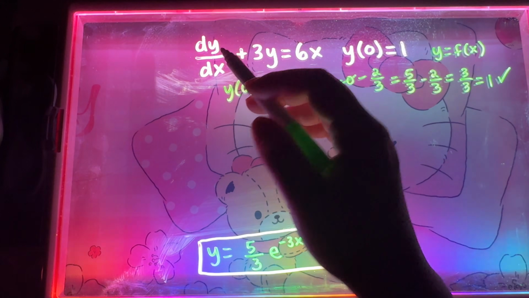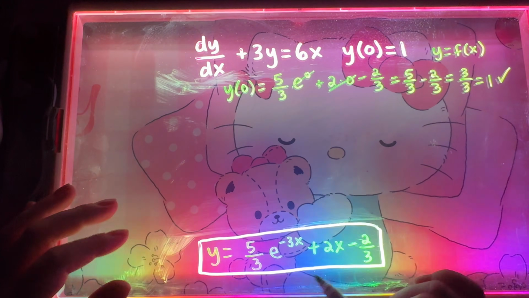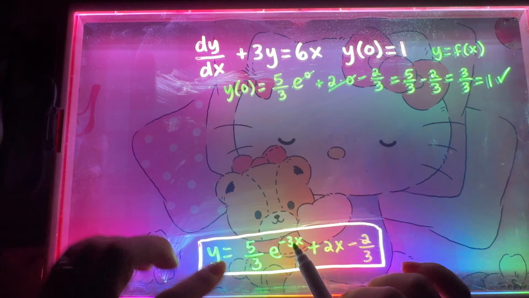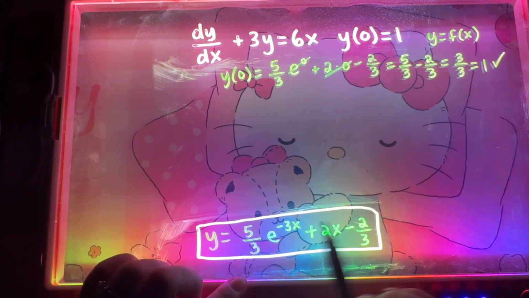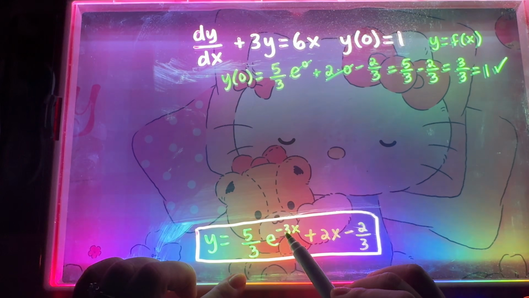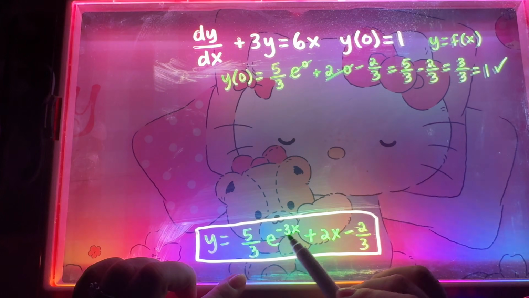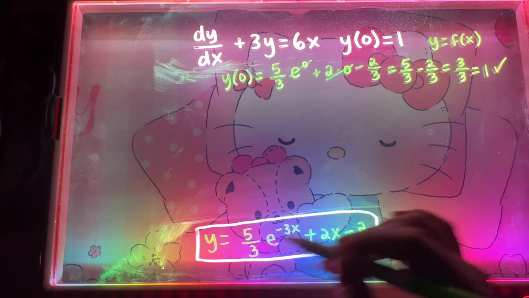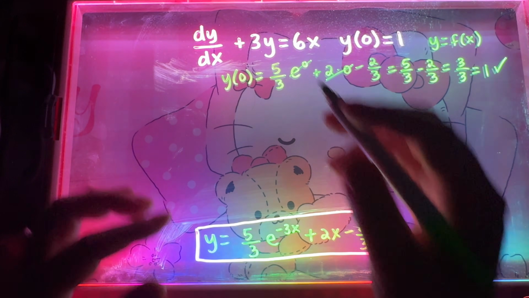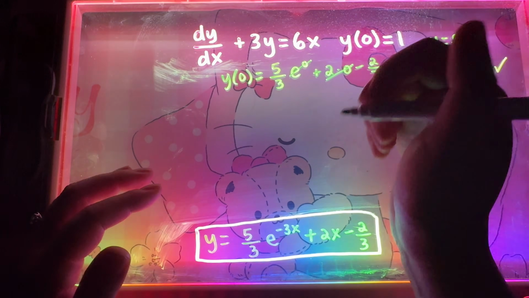Okay, so now we have to do dy dx. We're taking the derivative of this. So the derivative of e to the negative 3x is negative 3e to the negative 3x. So I'm not going to write every single part here, but hopefully you're comfortable with the chain rule. If not, definitely take your time.